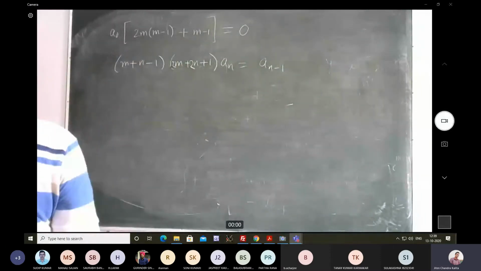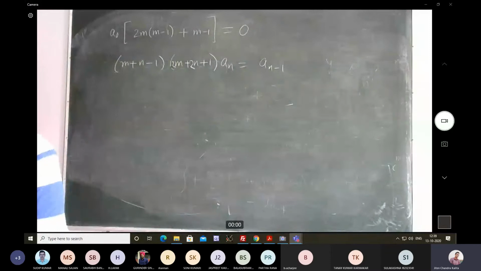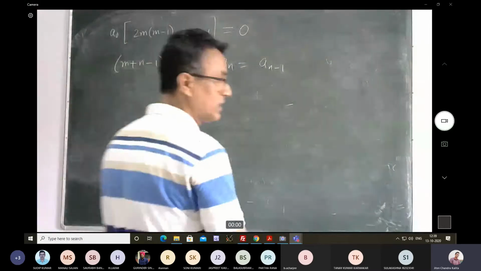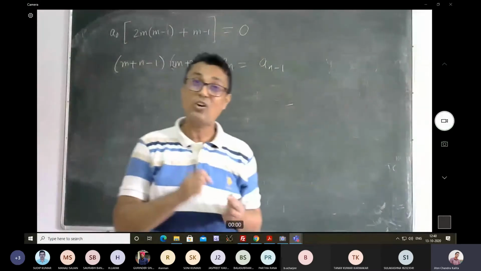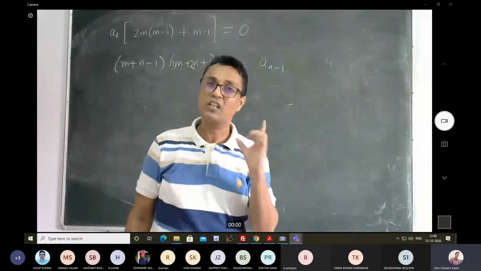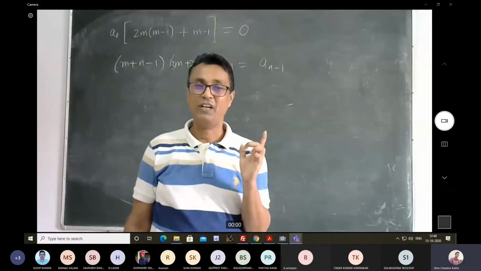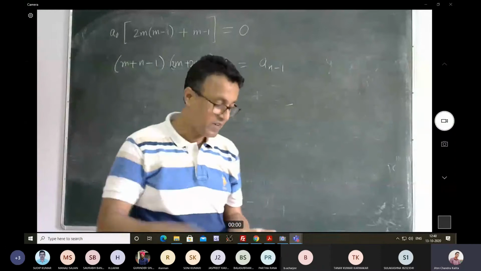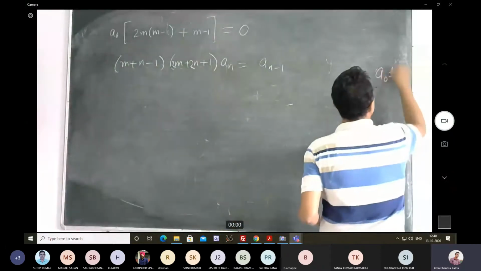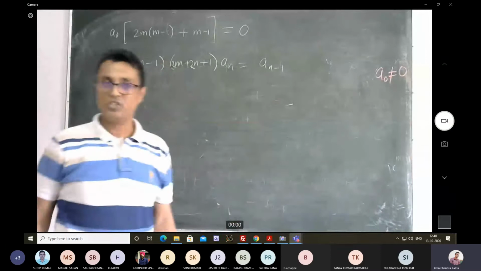Okay. So now, if I look at the very first equation here, now the significance of a naught not being equal to 0 comes out. Are you getting my point? See, at the very beginning, I told you that a naught is not equal to 0.